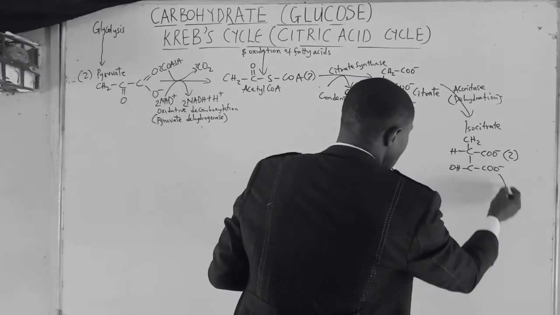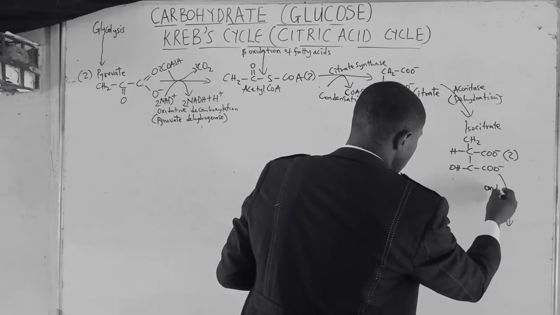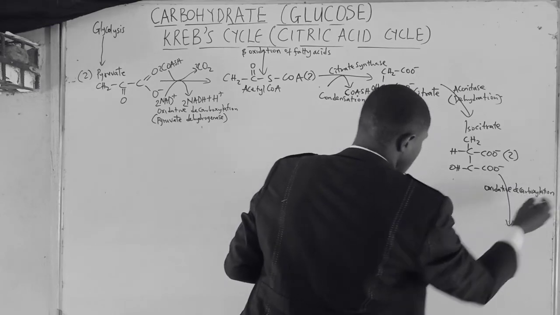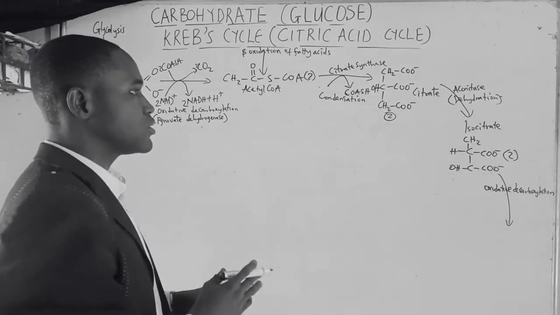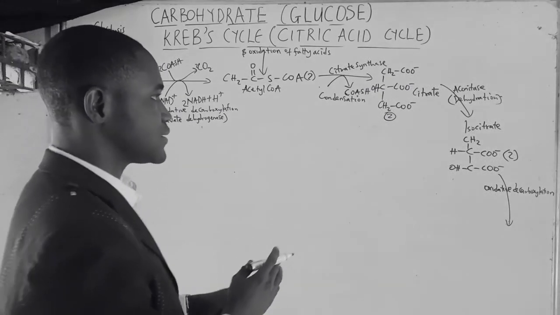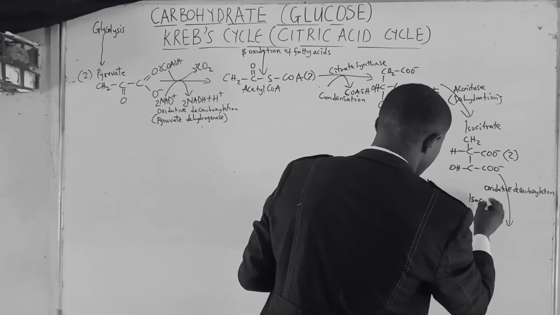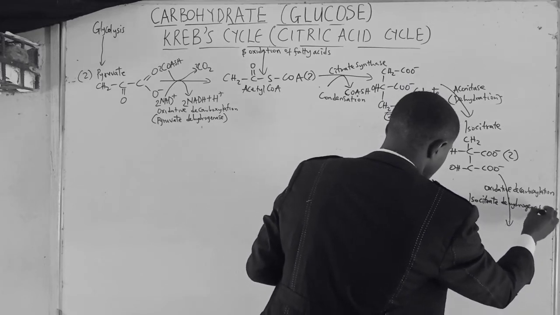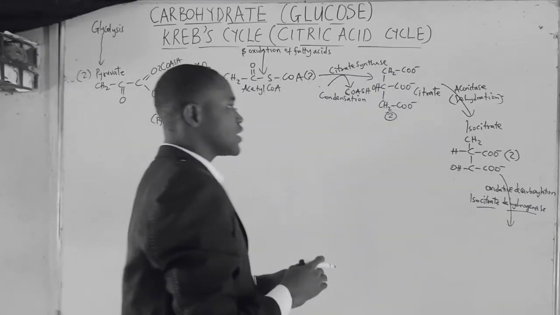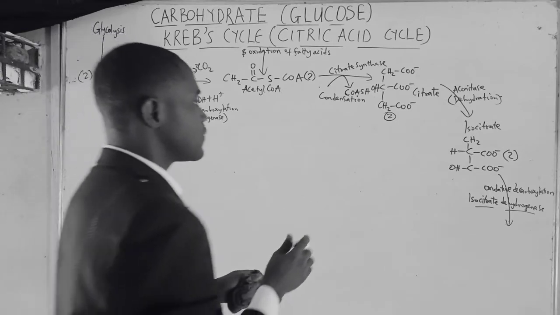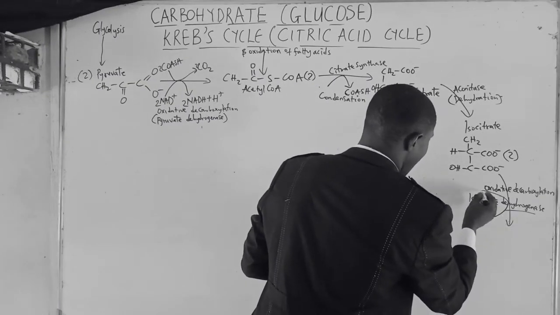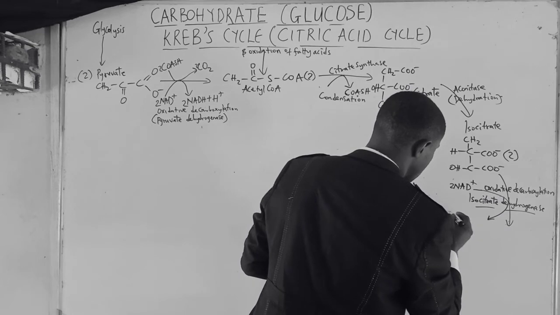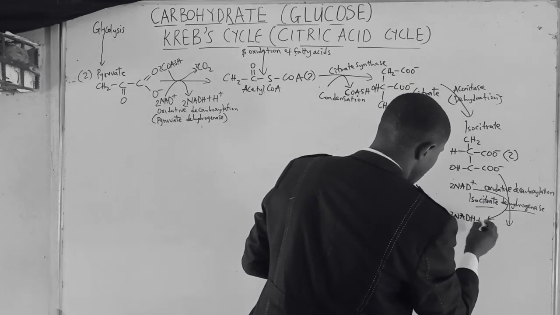This isocitrate will undergo oxidative decarboxylation. Once it undergoes oxidative decarboxylation in the presence of isocitrate dehydrogenase, there will be a coenzyme that will act here. 2 NAD plus will give us 2 NADH plus hydrogen ion.